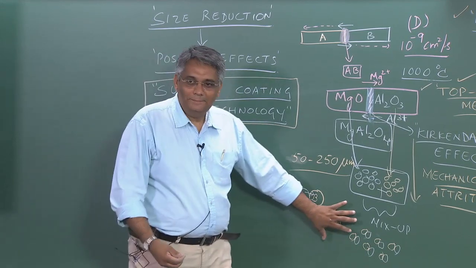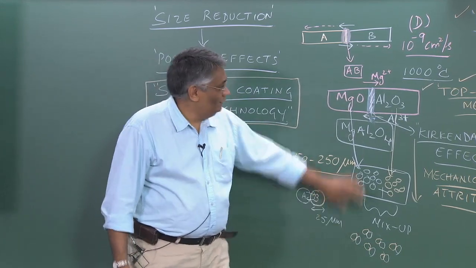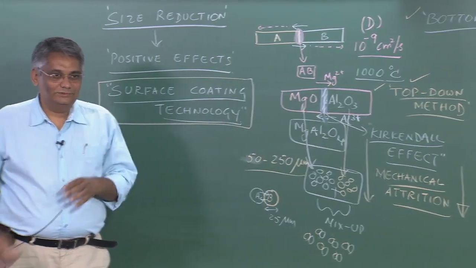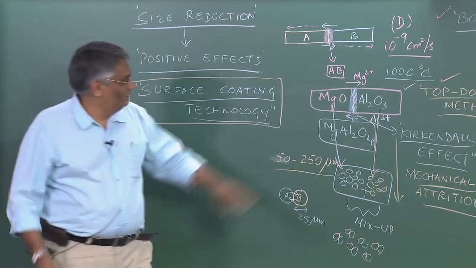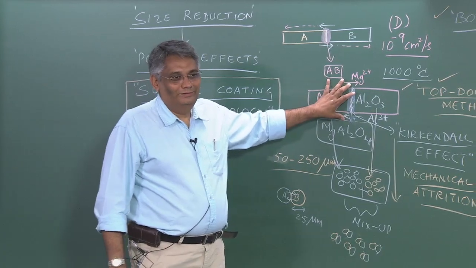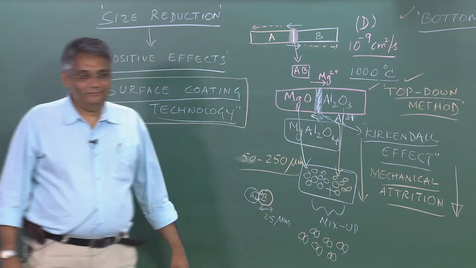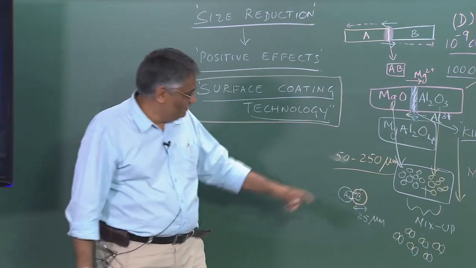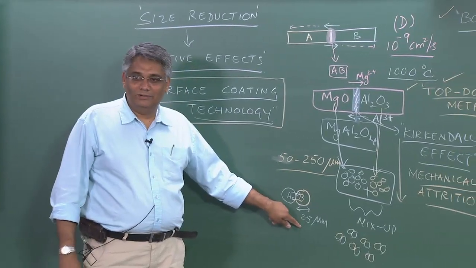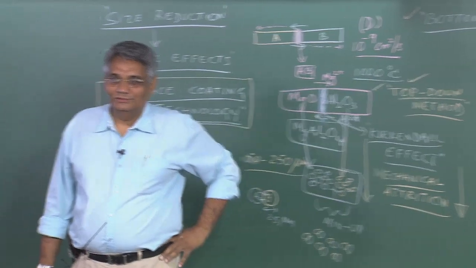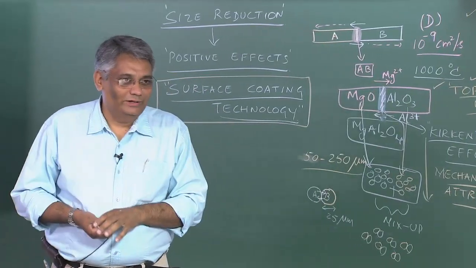So this way you can achieve the final composition within a few hours, just a few hours. From a number of years you can get down to a few days in fact rather, because this is a 25 micron particle. If you make a small calculation with these kinds of diffusions, it still takes a few days.